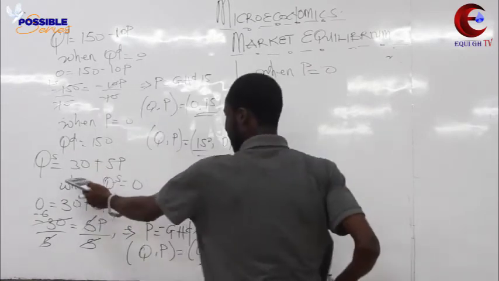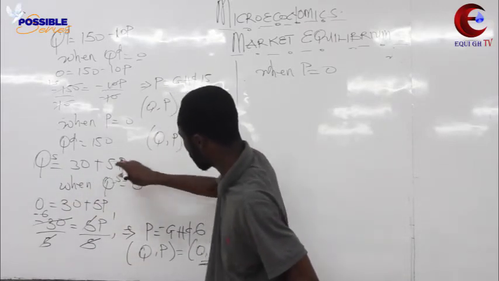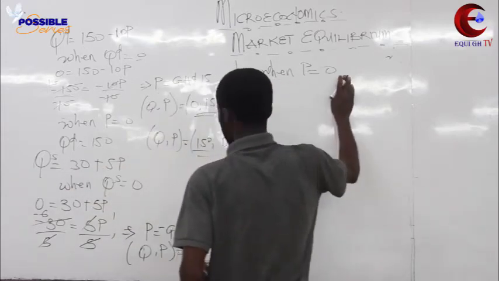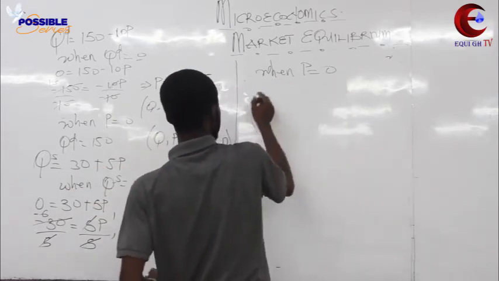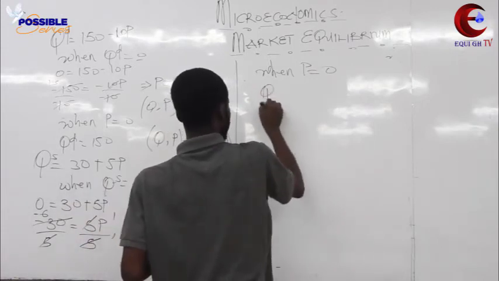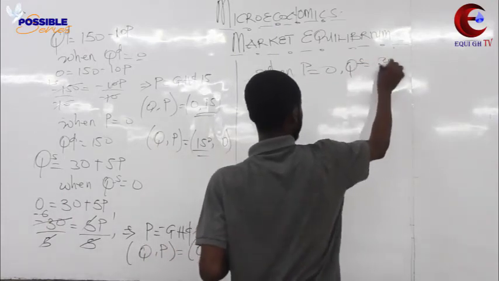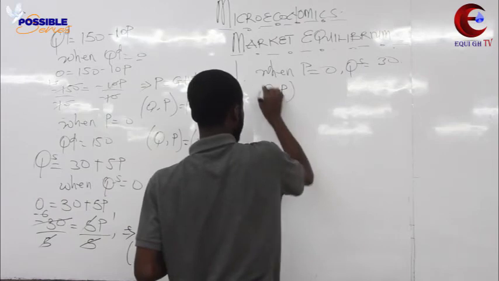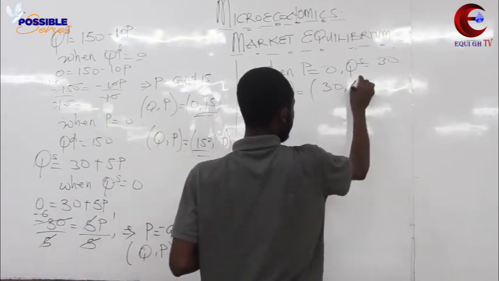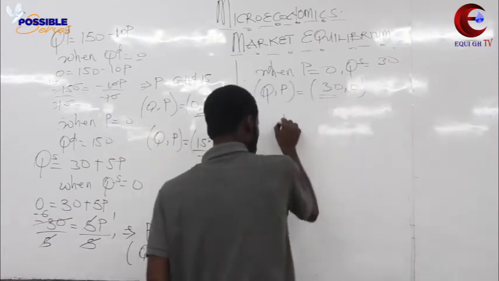Qs is equal to 30 plus 5P. There is no minus there. So when P is equal to 0, we get Qs equal to the autonomous supply, which is 30. So Q and P, we get 30 and 0. I hope it makes sense. So this and this. Now we are going to plot.